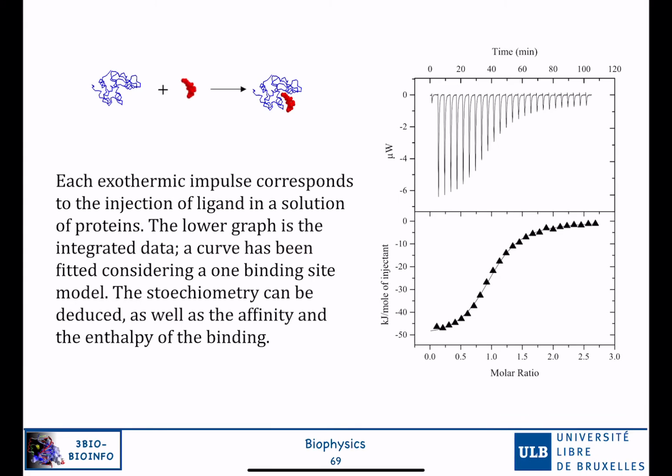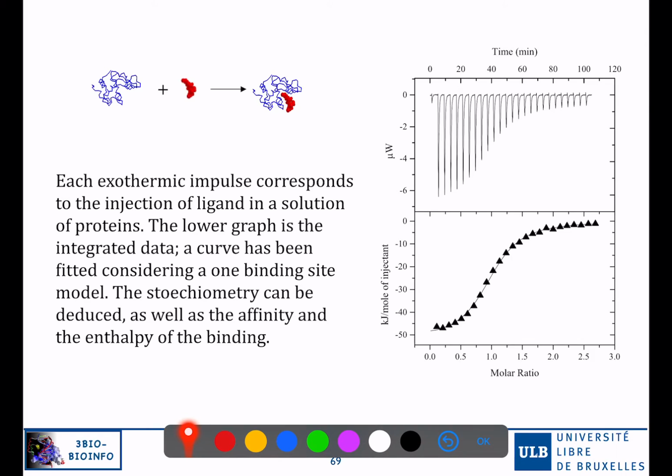So that's what ITC will do. And so here what you will see is that at each pulse of ligand, so at each injection of ligand, you will have a certain quantity of power that is needed to keep the two cells at the same temperature.